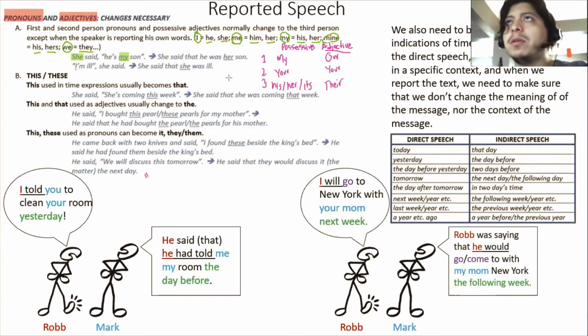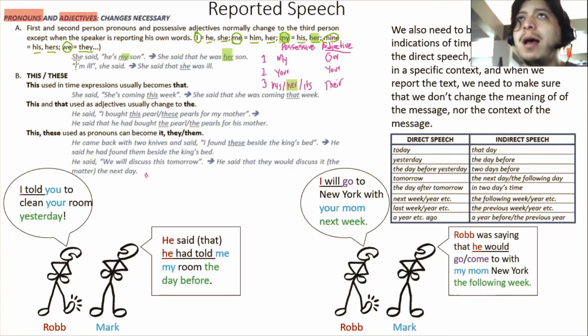Okay, the important thing here is she said he is my son. When she says my, she refers to hers, because she's a woman. Her, the possessive adjective, this is an adjective, is not replacing son. When they say my, it changes to his or her, because this is a woman, then it's her.